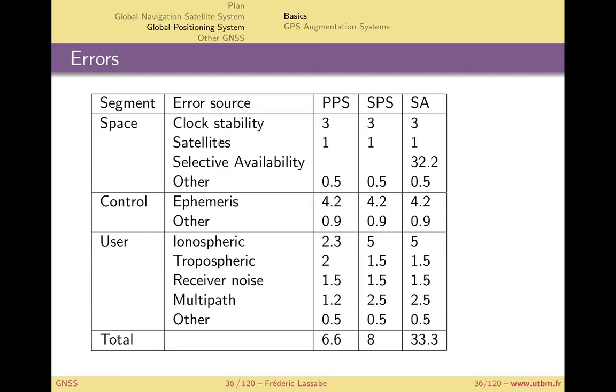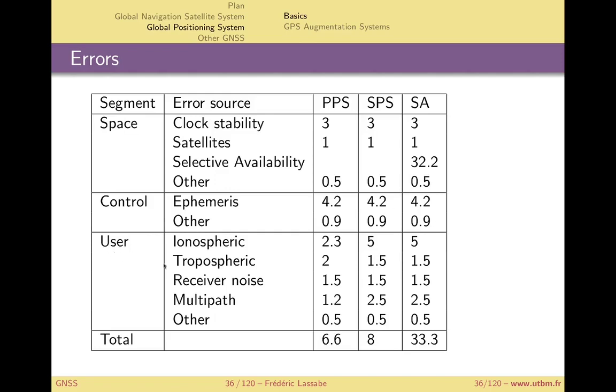So clock stability, satellites, and other errors are the same for all systems, all service qualities, and only the selective availability adds a big error to the selective availability system and service. In the control segment, you will also have the same errors because they are systemic for every user.